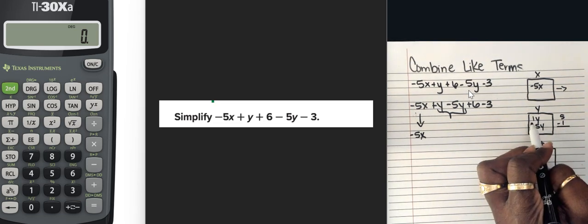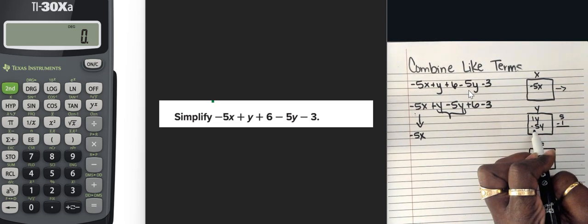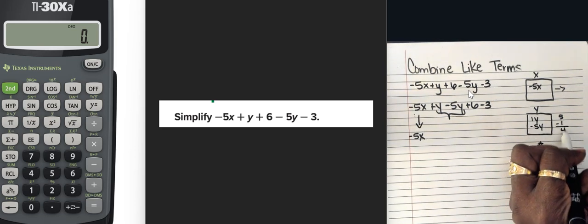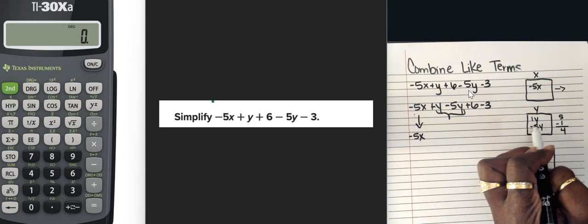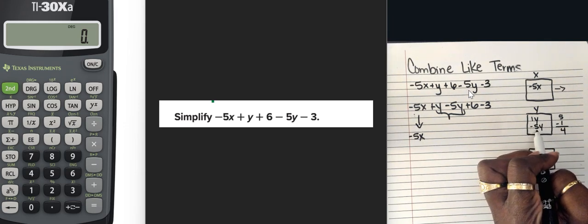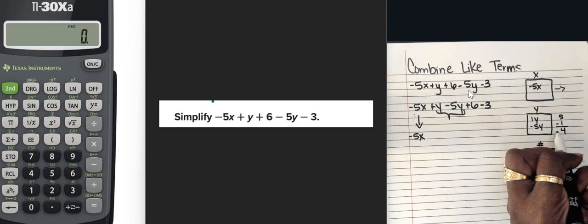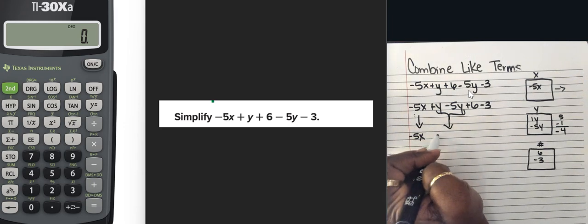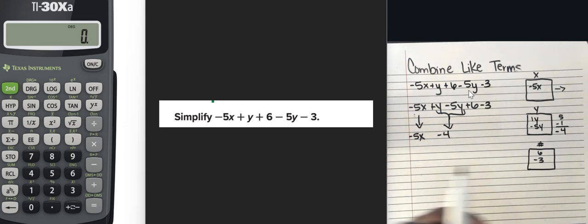We're going in different directions: a positive direction here, a negative direction here. So remember, we're going to use subtraction. So that's 4, and then we assign the sign of the largest number. The 5 is the largest number, and what sign is attached to that? That's a negative. So this is going to become negative 4, so we'll say minus 4.